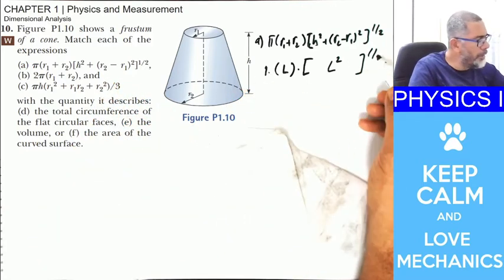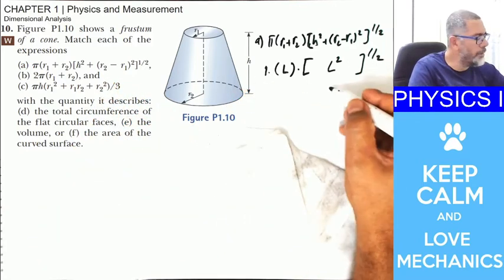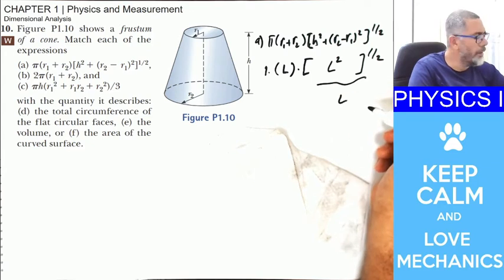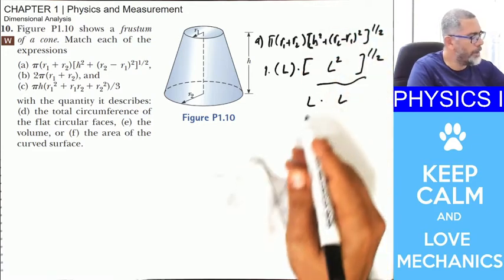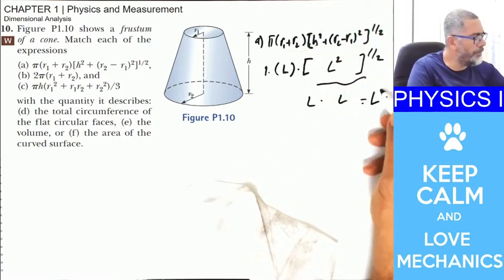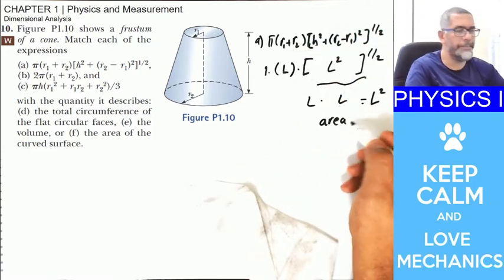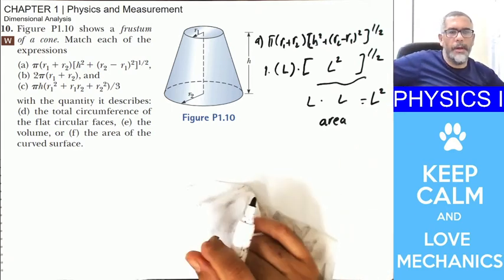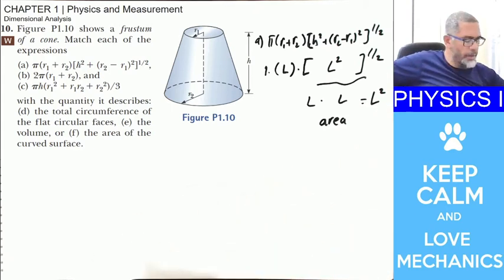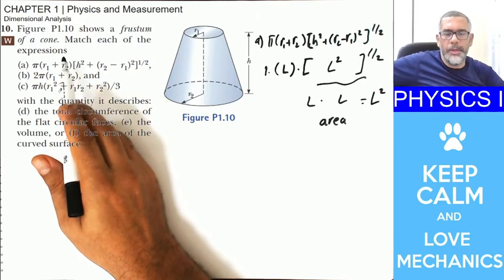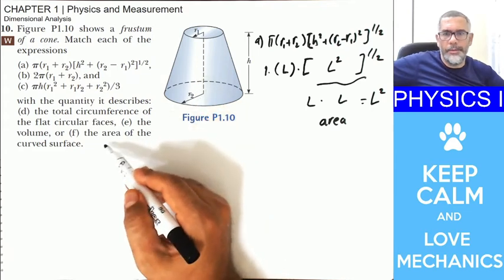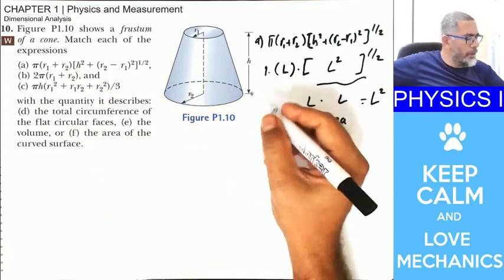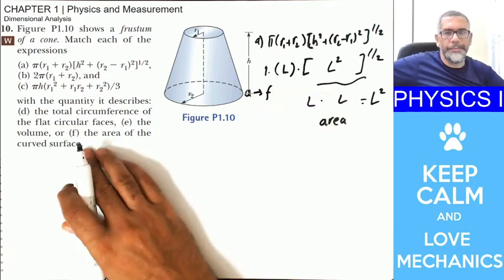So L square square root is nothing but L, right? And we also have L over here multiplied by L. So this expression has the unit of L square, which is nothing but area, because area has the unit of length square. So that means the first expression corresponds to the area of the curved surface, which is F. So A is to F.